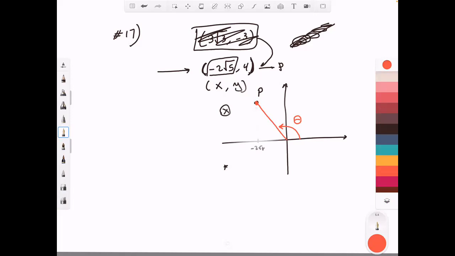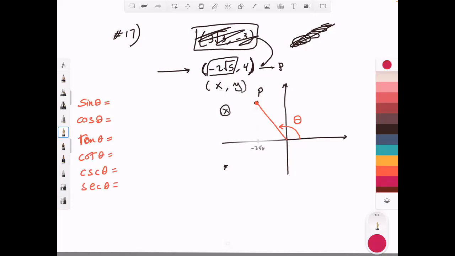Now we're going to go through our 6 trigonometric functions: sine theta, cosine theta, tangent theta, cotangent theta, cosecant of theta, and secant of theta.